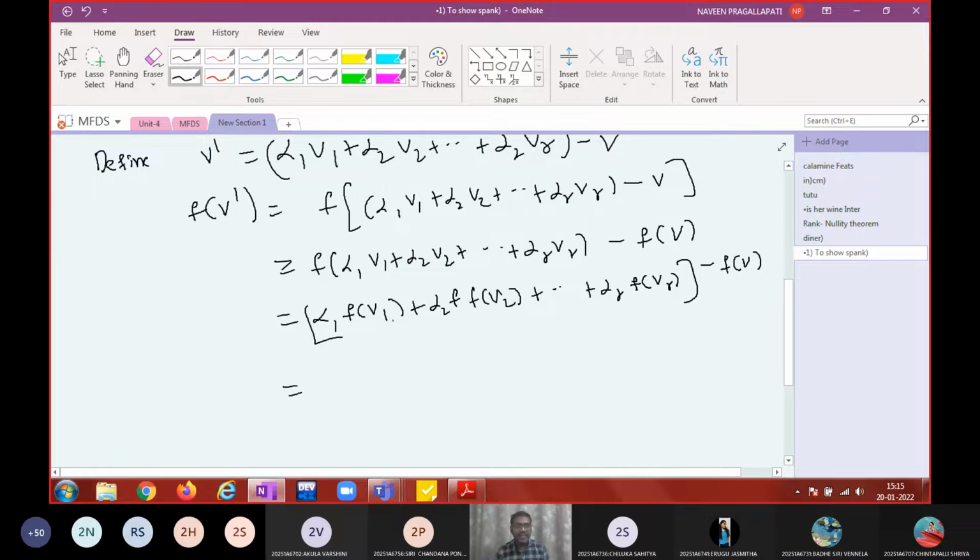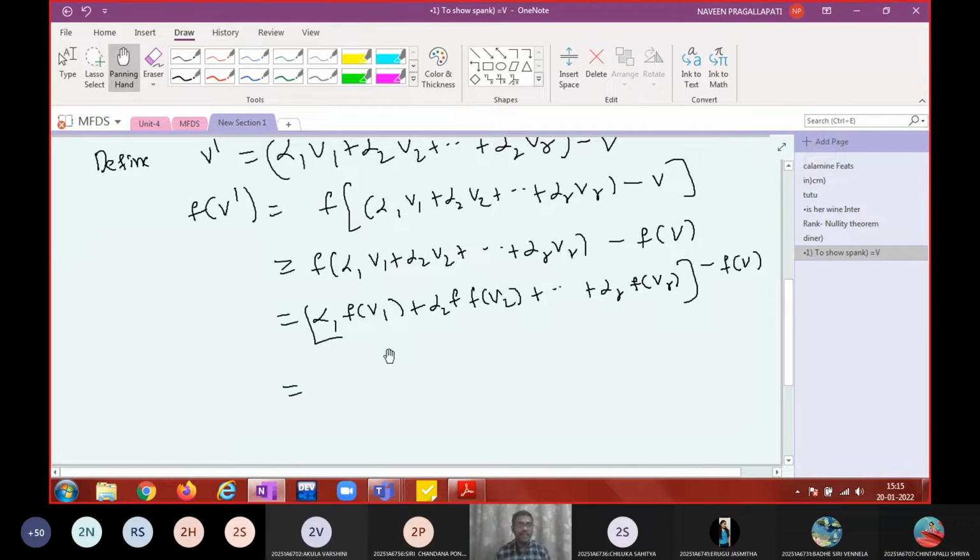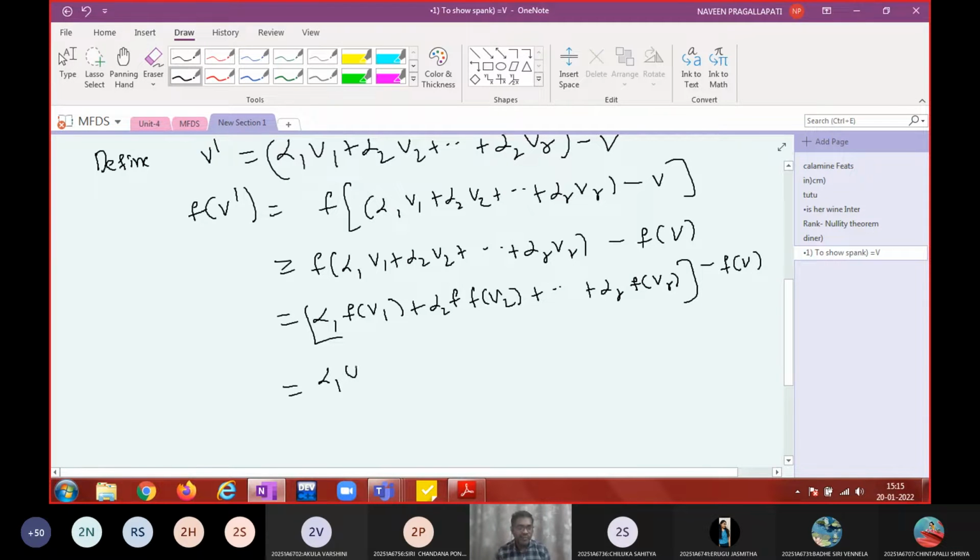Now what is f of v1? f of v1 is nothing but u1. f of v2 is nothing but u2. Do you agree? Am I right or no? So alpha 1 u1 plus alpha 2 u2 plus and so on plus alpha r ur, minus f of v.